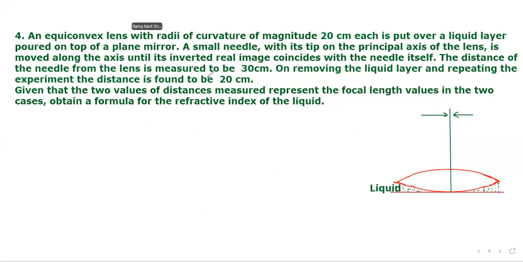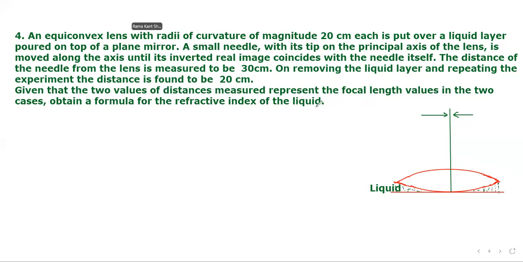The distance of the needle from the lens is measured to be 30 centimeter. On removing the liquid layer and repeating the experiment, the distance is found to be 20 centimeter. Given that the two values of distance measured represent the focal length values in the two cases, obtain the refractive index of the liquid.